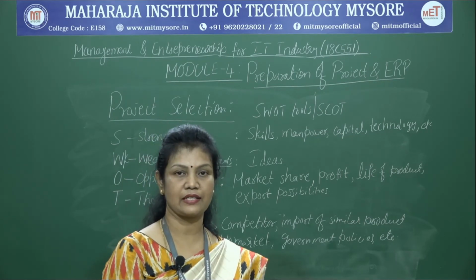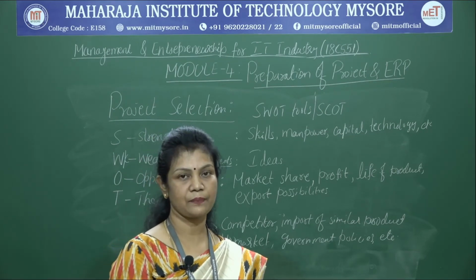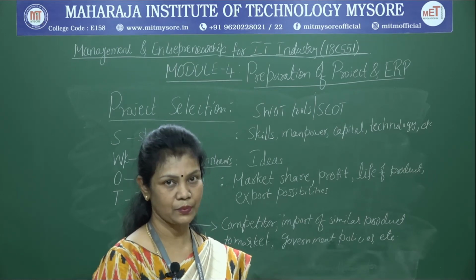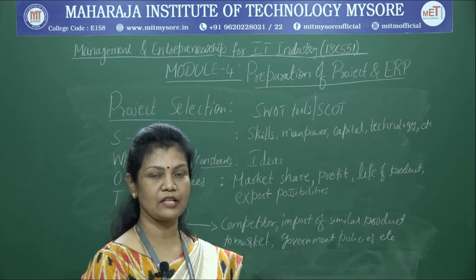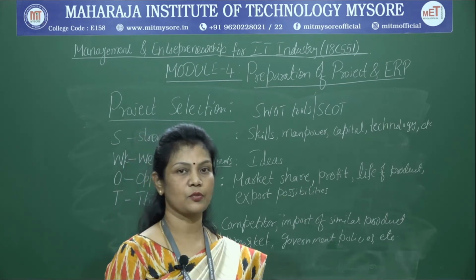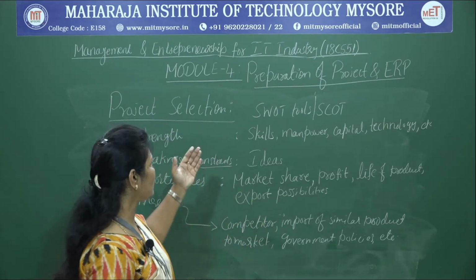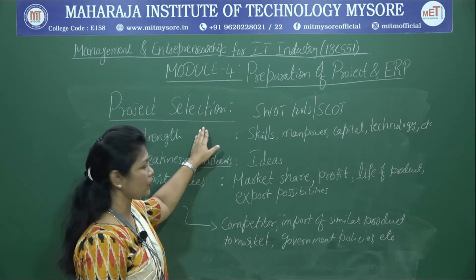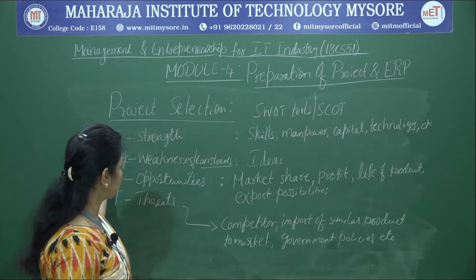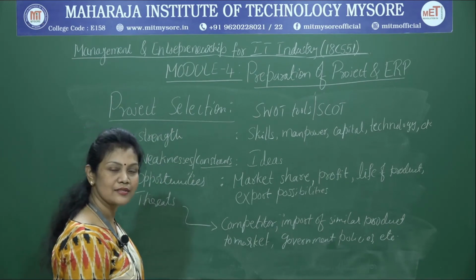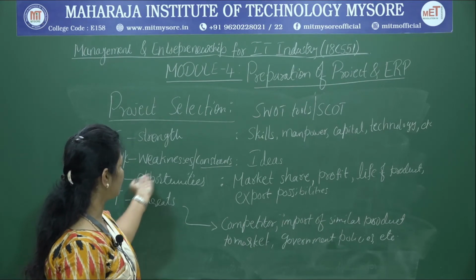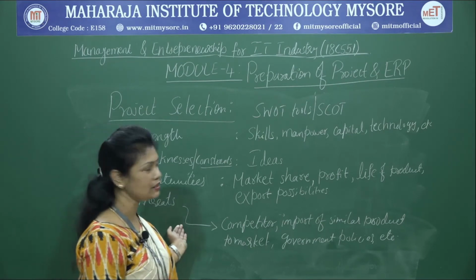So in general we can say that project selection begins after the completion of identifying the project. Once the project identification is completed, the entrepreneur is going to select one of the projects as their business. In order to do the project selection, they are going to make use of the SWOT or SCOT tools, that is, strengths, weaknesses or constraints, opportunities, followed by the threats.